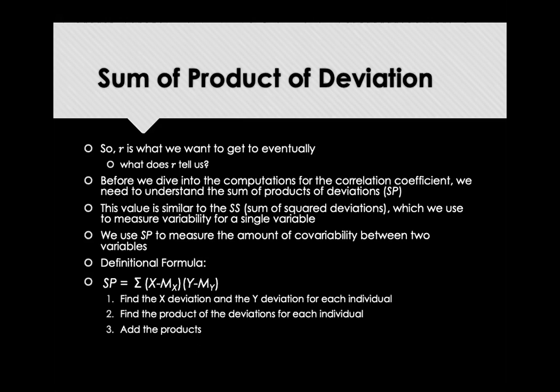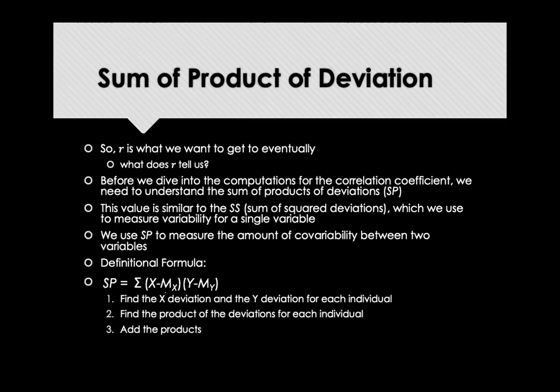And the definitional formula is here, sum of products of deviations. It is exactly what the title suggests, right? So the deviations, x minus the mean of x and y minus the mean of y: how much does each data point for x and y vary from its mean? So there's the deviation.